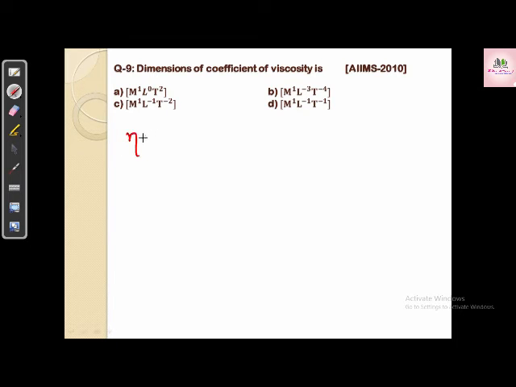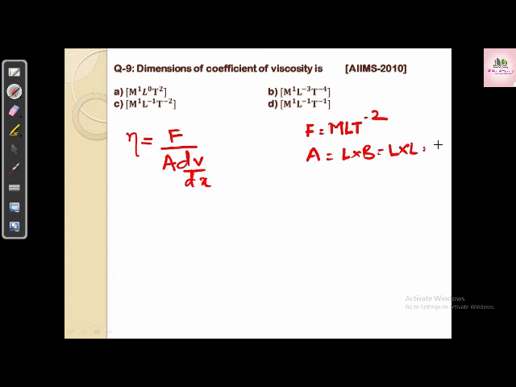Coefficient of viscosity, that is eta, is equal to force divided by area into velocity gradient. Simply we have to substitute the dimensions of each quantity. Force has the dimension M L T to the power minus 2. Area is length into breadth, length into length, so that has L square.